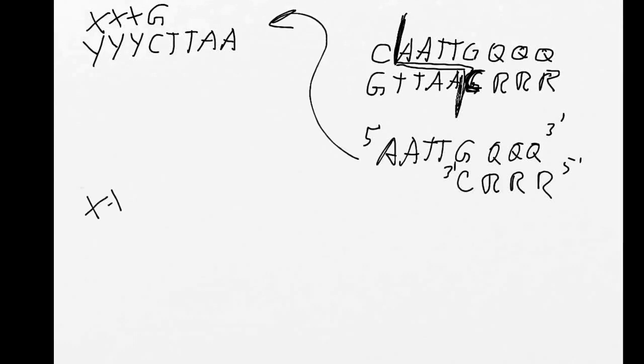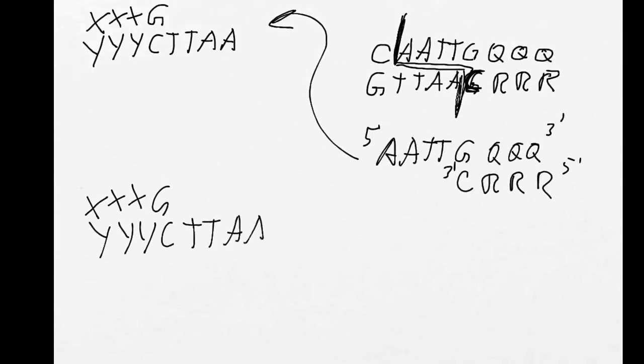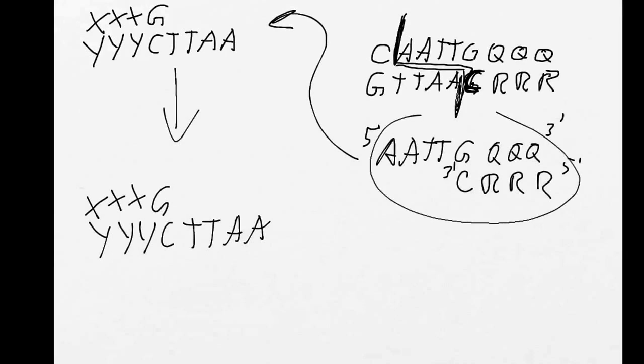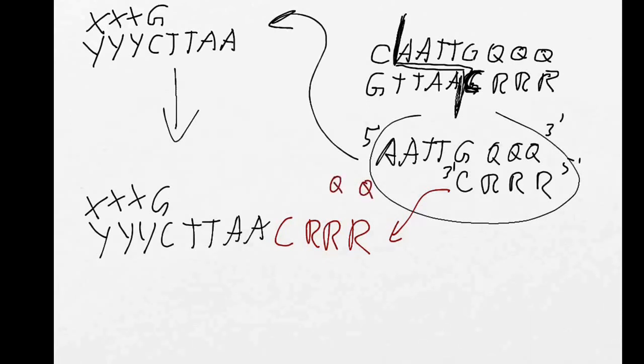So we get X, X, X, G, Y, Y, Y, C, T, T, A, A. Now that was our original sequence. Now we are trying to put this sequence in here. Let's see. So at the bottom, we've got a C, R, R, R. So that's this part here. And then we have our Q, Q, Q, and then we have a G.